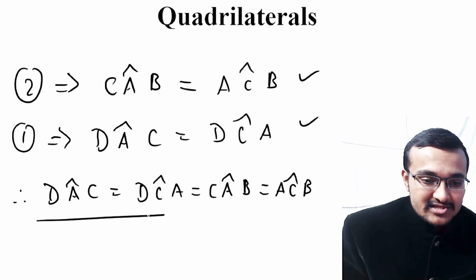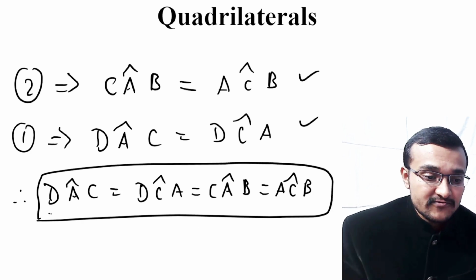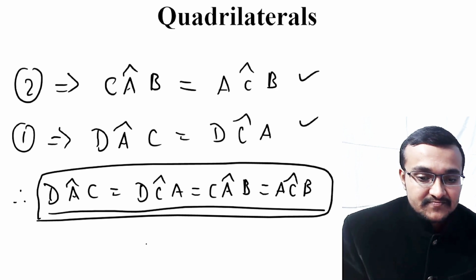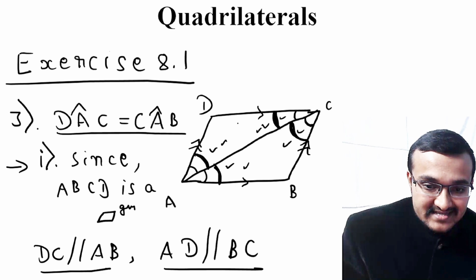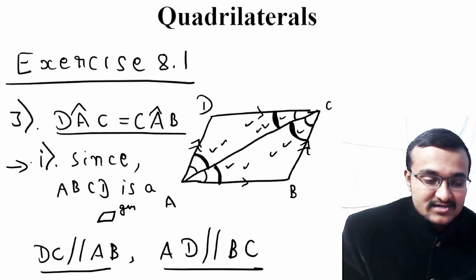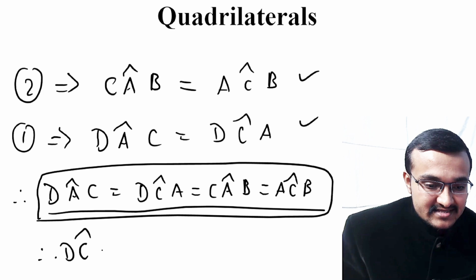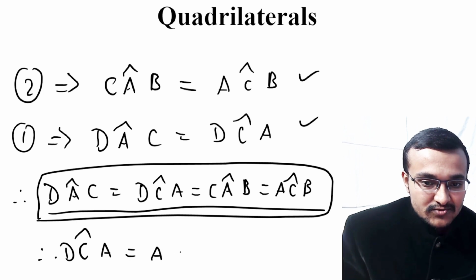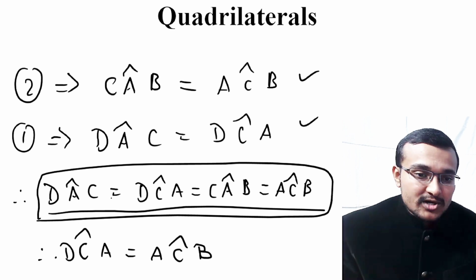Since all four angles are equal to each other, DCA is equal to ACB. So the angle DCA is also equal to the angle ACB. Why? Because all these four angles are equal to each other.